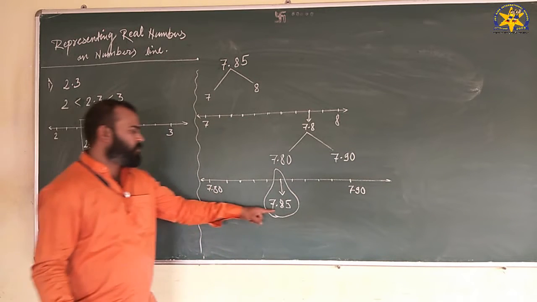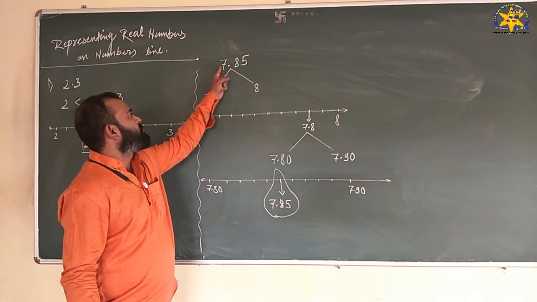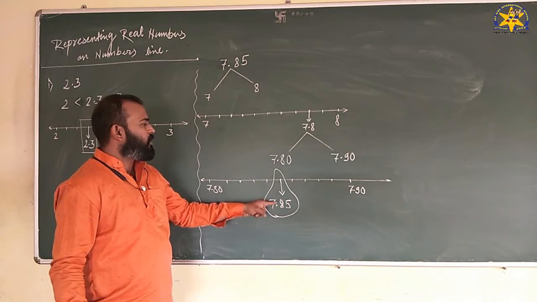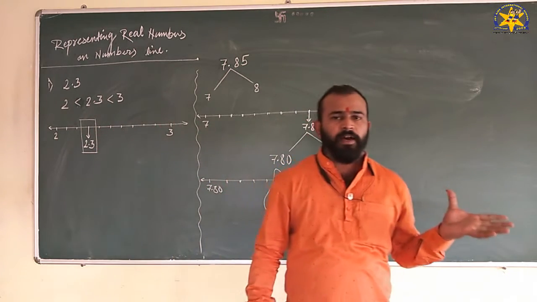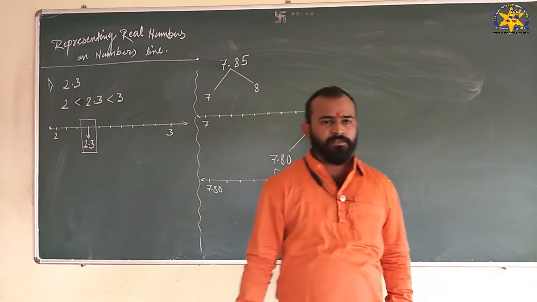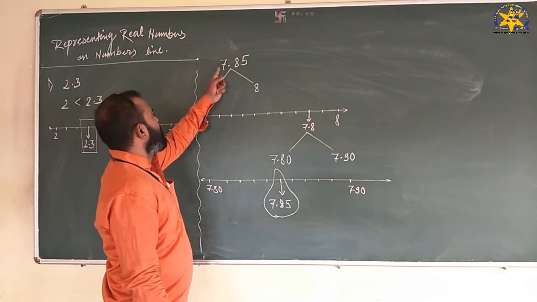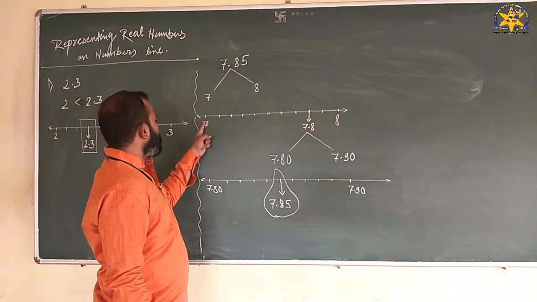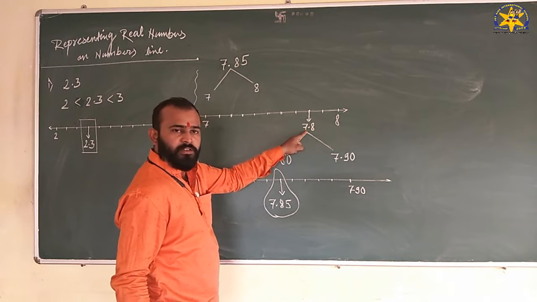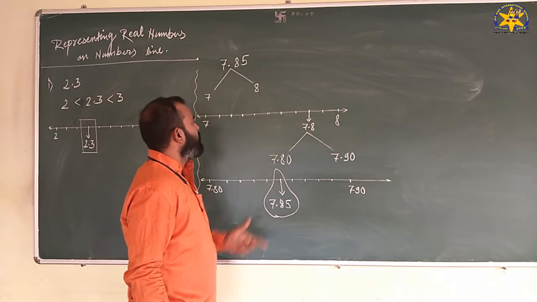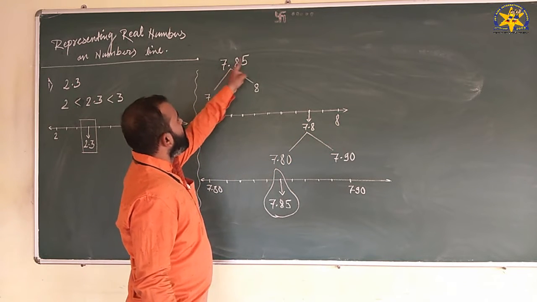So this is how we have represented 7.85 on a number line by visualizing it or by magnifying it. First we found 7.8. Where was 7.8? Between 7 and 8. Then between 7.8 and 7.9 there is 7.85.